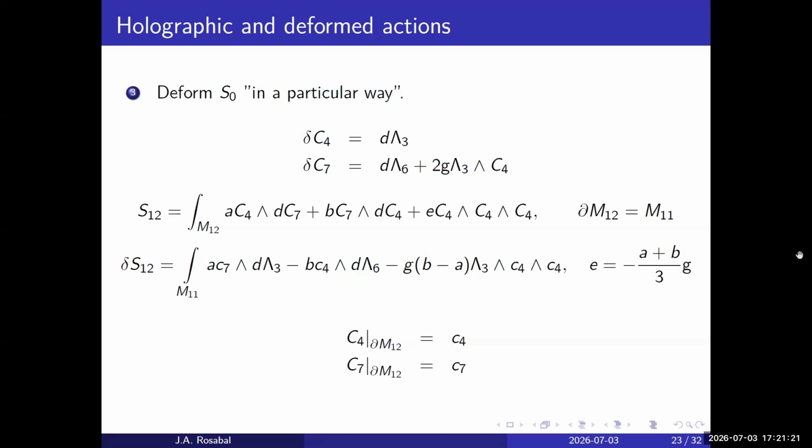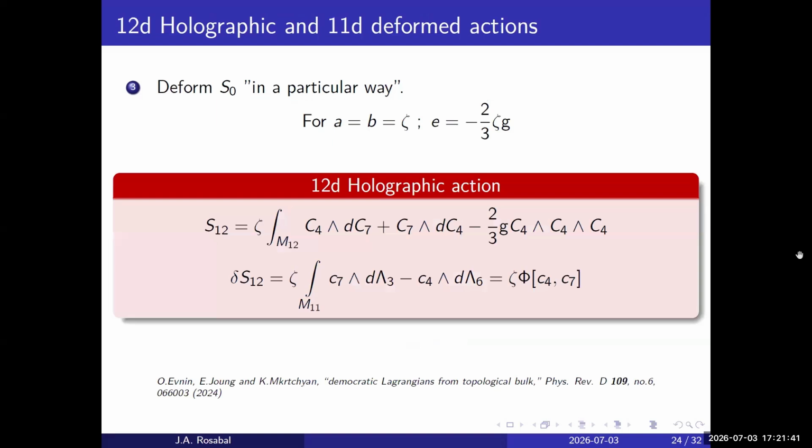So when you impose this, you get that the transformation of this action is given by this object here. And in addition, you don't want this quadratic term here. This is why you fix B equal to A with these boundary values. And at the end, for this choice, you get this action.